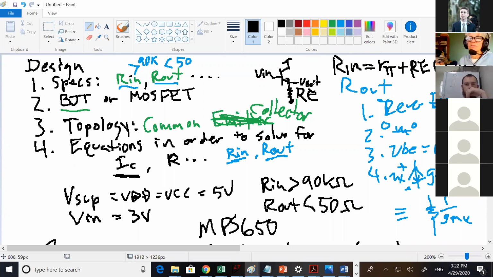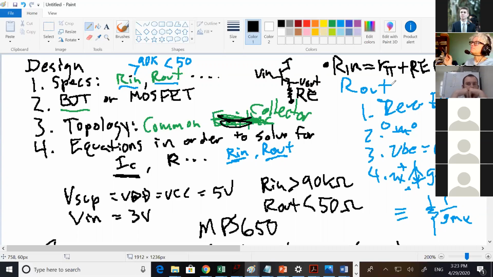If you look at a common collector, the equation for R in, I'll just give this to you. I posted a video on Canvas. This is a shortcut version of the R in equation, but it's pretty accurate and works well.